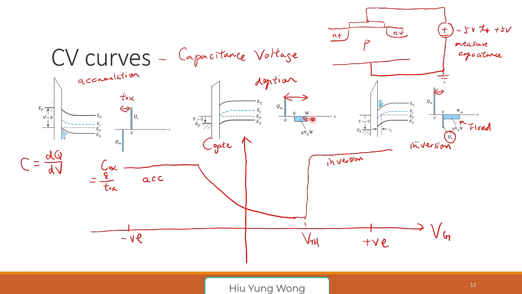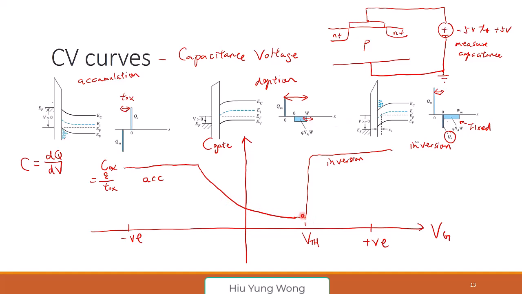So if the depletion width keeps increasing, the capacitance goes down, and if the depletion width reduces, the capacitance goes up. Is that the relationship between them? Yes, if the depletion width keeps going up, your capacitance keeps going down. If your depletion width reduces, then your capacitance will go up.